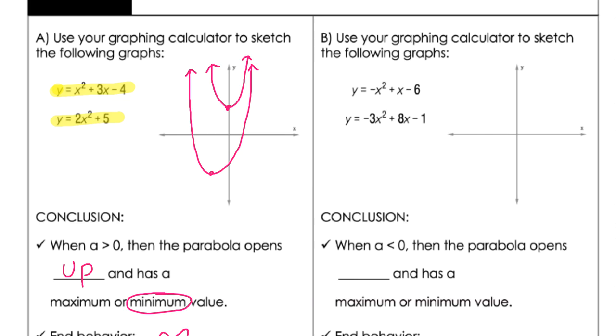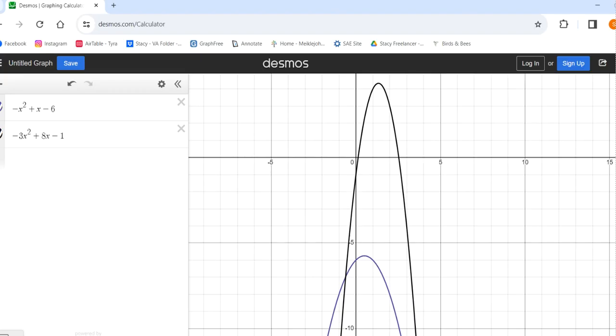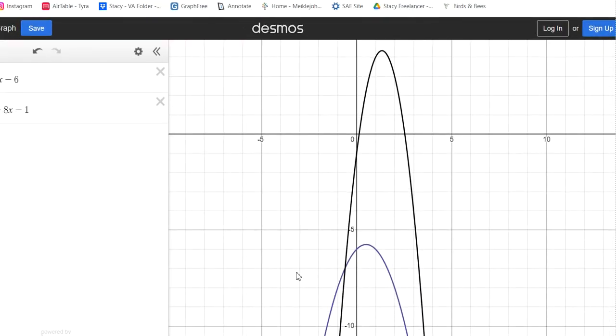Next, we're going to look at these two functions on the right side in b. So we have negative x squared plus x minus 6, and we have negative 3x squared plus 8x minus 1. I would encourage you to graph those on your graphing calculator and look at what they look like. So here is what they look like when I graph them.